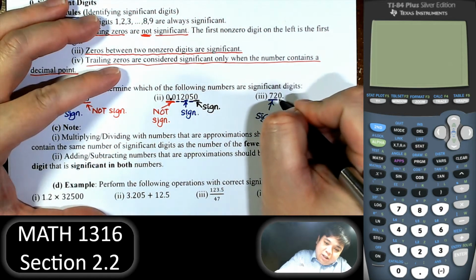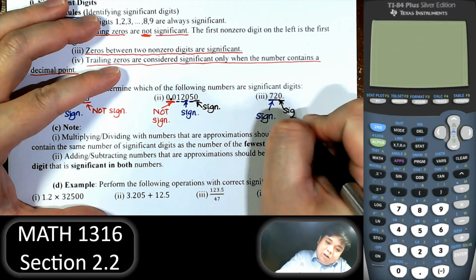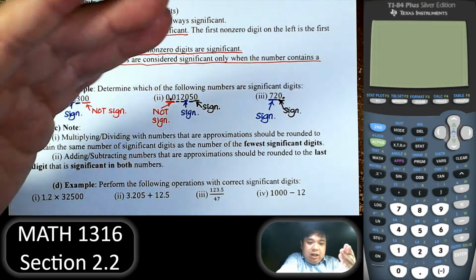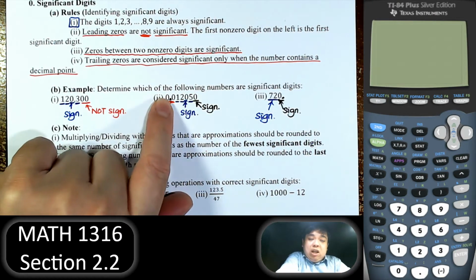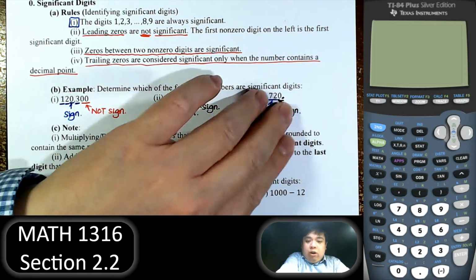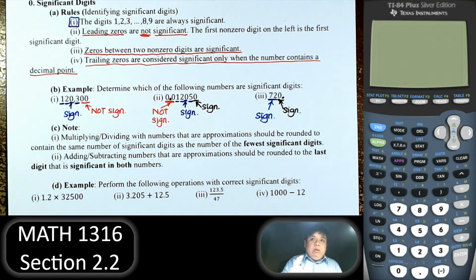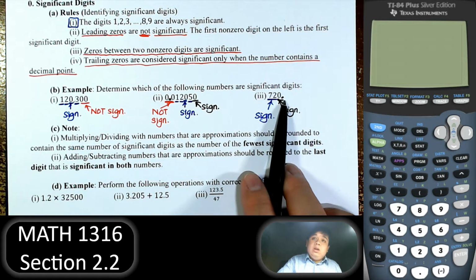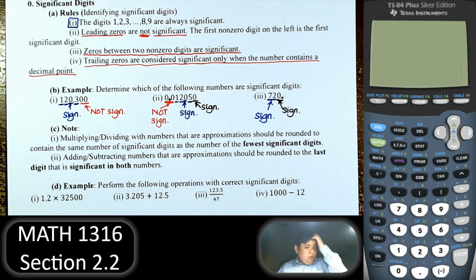So this 0 is significant because there is the presence of the decimal point. Whether the 0 is after the decimal point or in front of it, any trailing 0 with the presence of the decimal point is significant. Right, so that is the rule for each number.